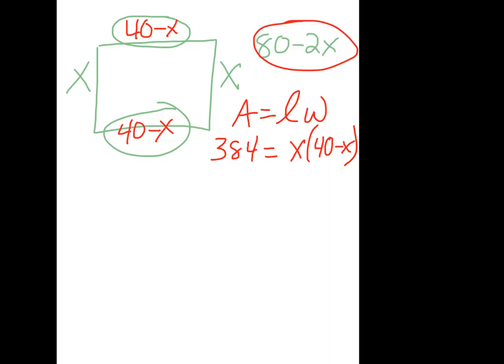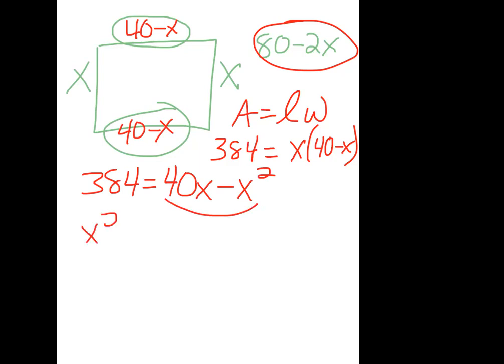Let's go ahead and distribute that x. Let's set the whole thing equal to 0. So I'm going to add these two to the other side. So it'll get me x squared minus 40x plus 384 equals 0.